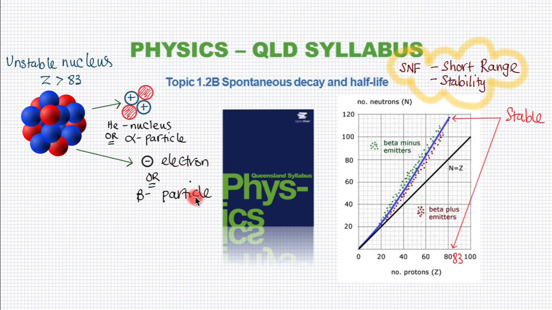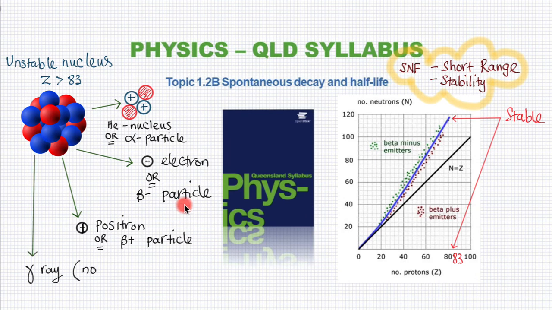Now we'll talk more about these later and where they're found in the nucleus, because it is something we haven't really discussed before. We can also have a positron emission. That means that the nucleus that's being decayed releases a positive or positron particle, or a beta plus particle.